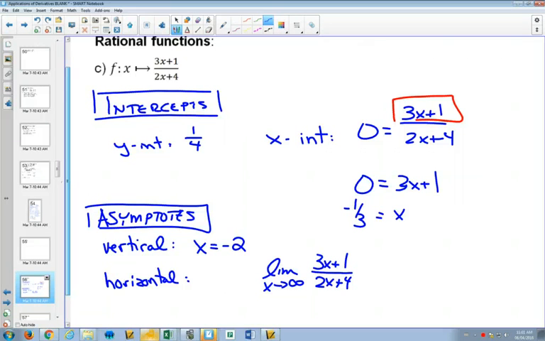As x gets really, really big, that limit's going to equal 3/2. And so our horizontal asymptote will be that when x gets really, really big, we're going to have a horizontal asymptote at y equals 3/2. So first of all, intercepts and asymptotes we can find using mathematics that we've done before.